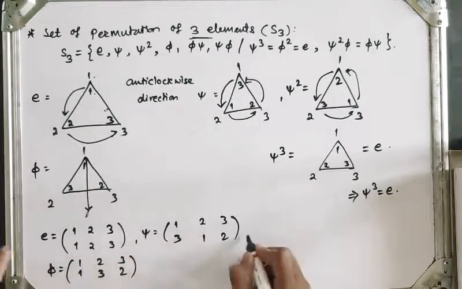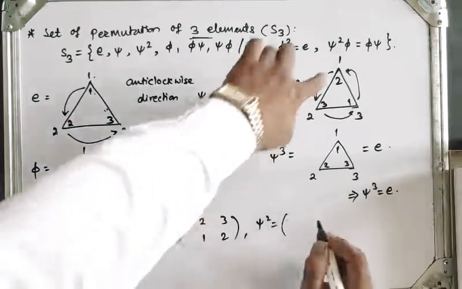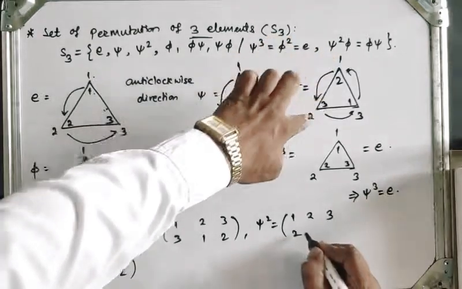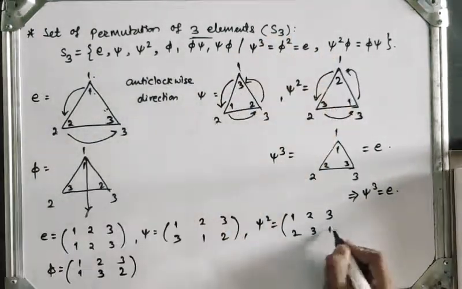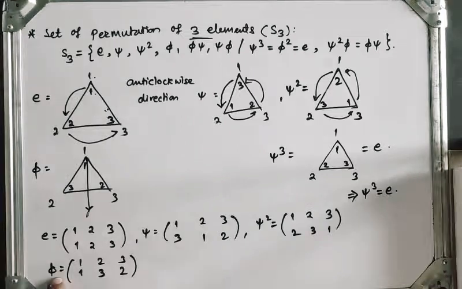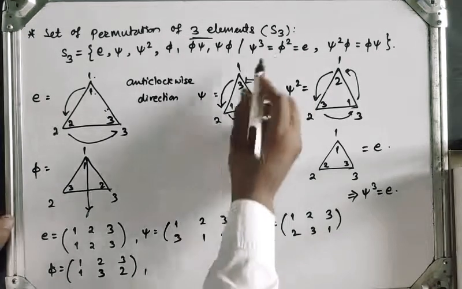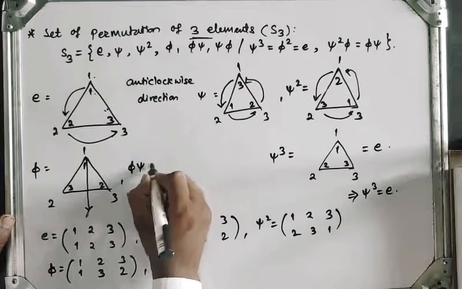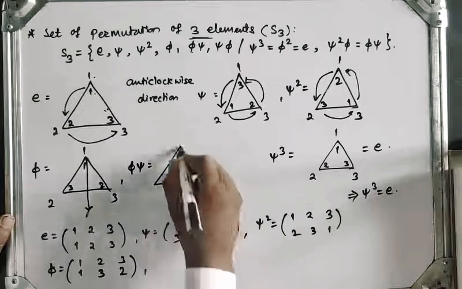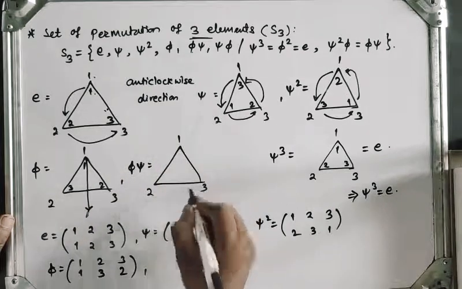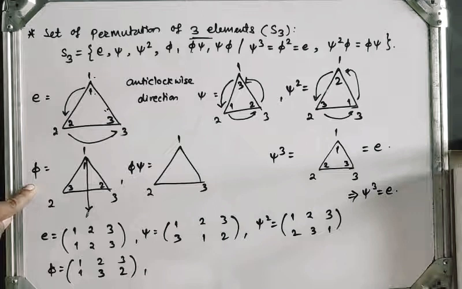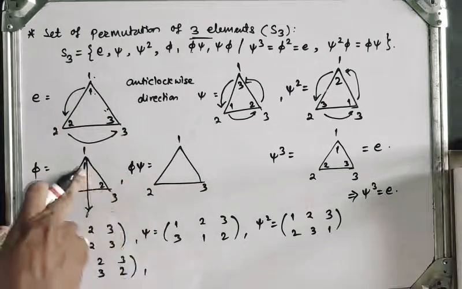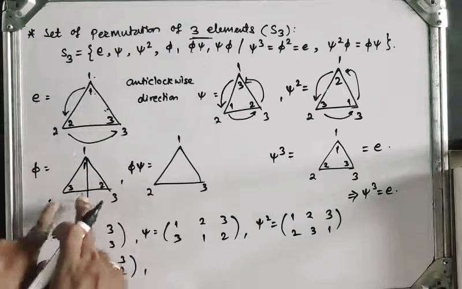Psi square is 1, 2, 3 where 1 goes to 2, 2 goes to 3, and 3 goes to 1. The next element is phi psi. In phi, I have taken 1 as constant and interchanged 2 and 3.